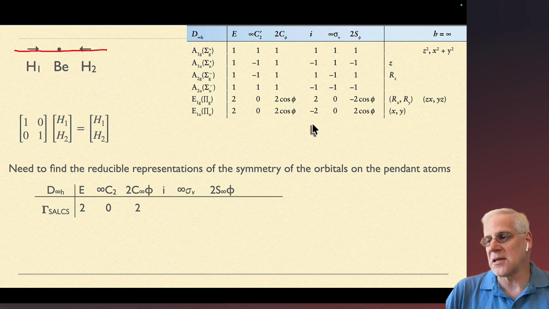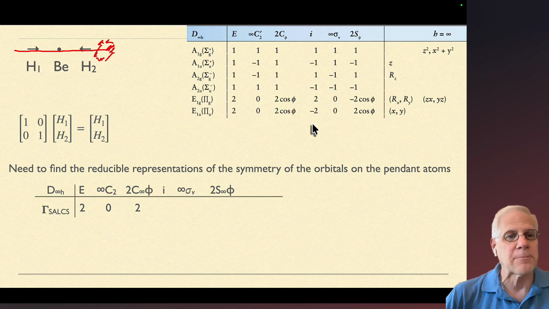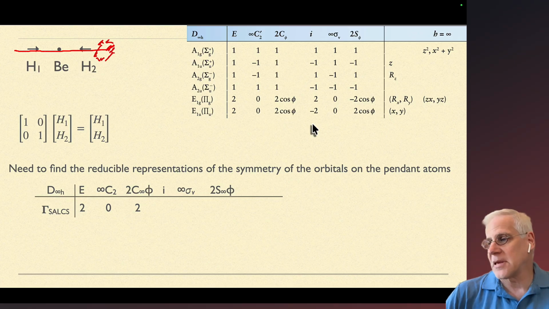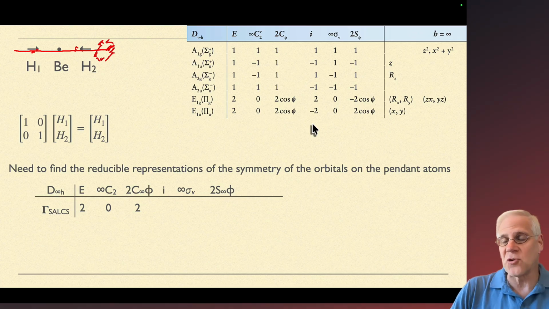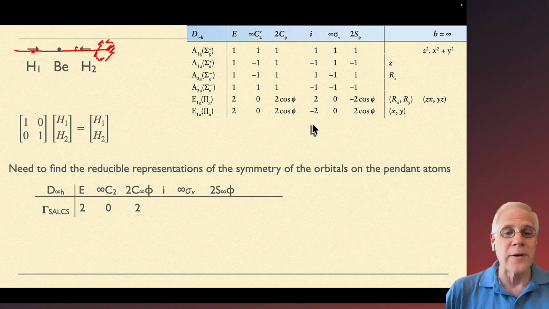I can rotate that an infinitesimally small number of degrees and still eventually come back to the beginning. And so I can divide the 360 by anything. And if I do it that many times, I'm always going to end up in the same place because nothing's going to change between the H1 and the H2, no matter how much I rotate or how little I rotate that. So it's a C infinity rotational axis. And there's two of them because I can go either clockwise or counterclockwise.